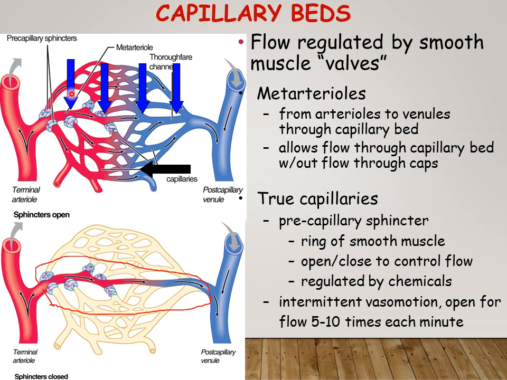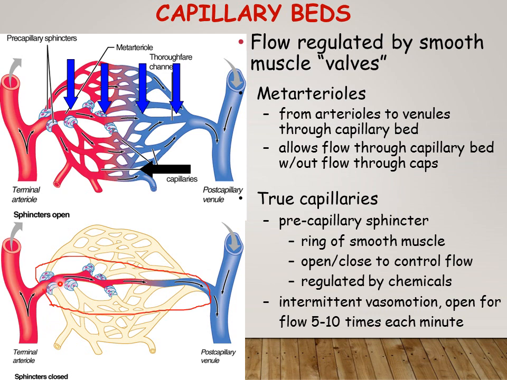When these precapillary sphincters are relaxed, there is flow of blood into the capillary network, and at that time exchange at the tissue level is possible. But if we don't need the exchange at the tissue level, then there is direct flow of blood into the thoroughfare channel, because at that time the precapillary sphincters are closed.